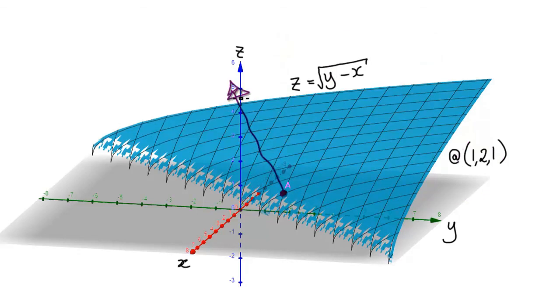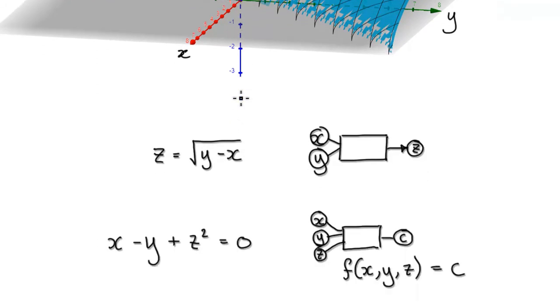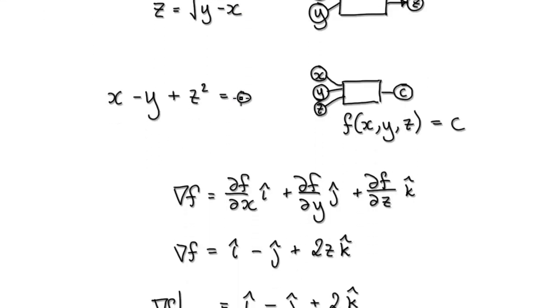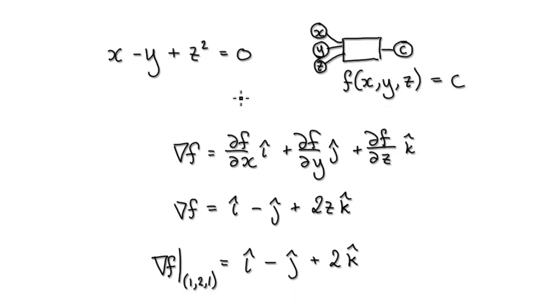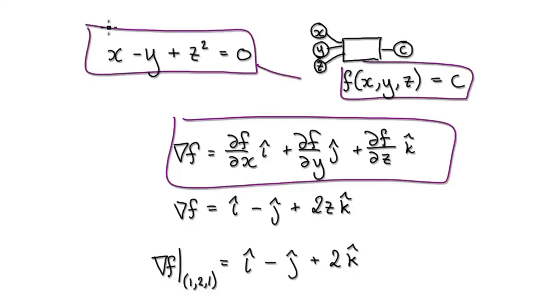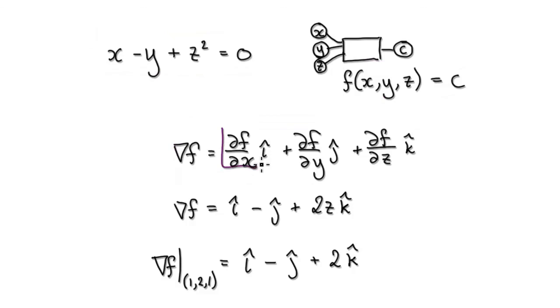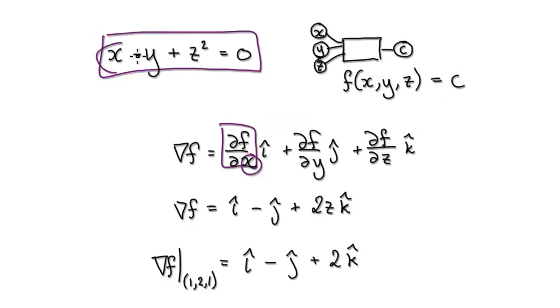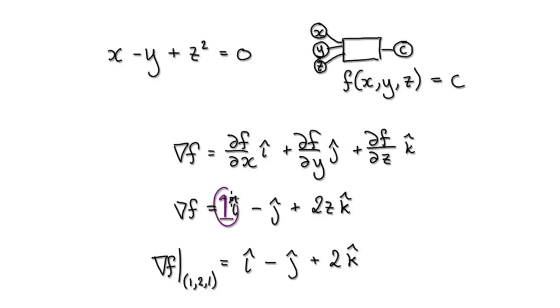So let's calculate grad f first. Take the partial derivative with respect to x. When you differentiate this whole thing, it gives you 1, so that would be 1 i.